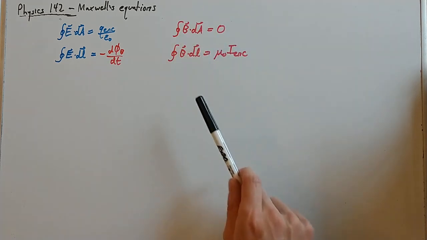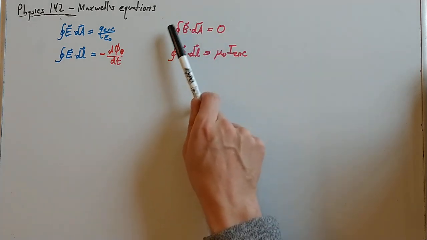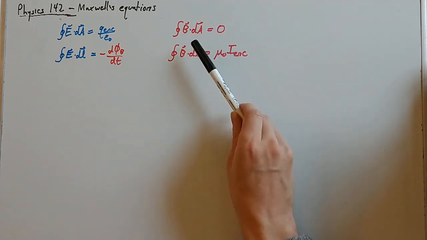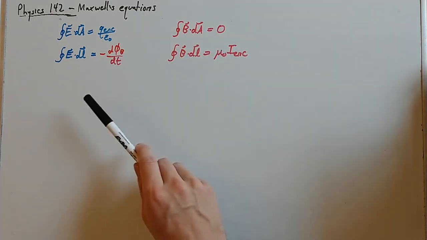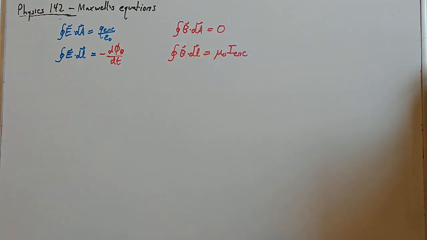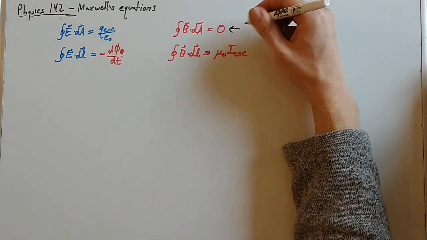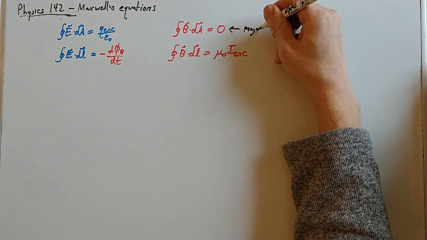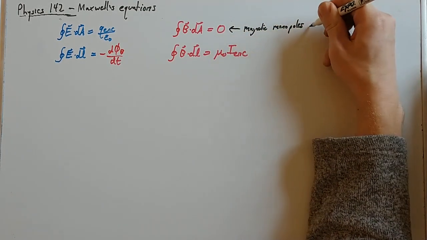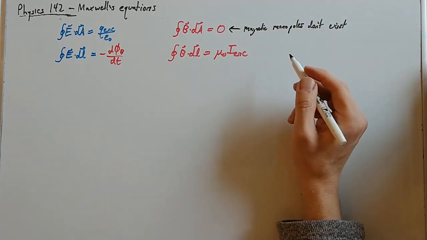Magnets always come in pairs, so if you have a closed surface and you try to put magnets in it, any field line that comes in will also go out again. So you don't end up having any magnetic monopoles. If I was to write this rule in words, it would be: magnetic monopoles don't exist.